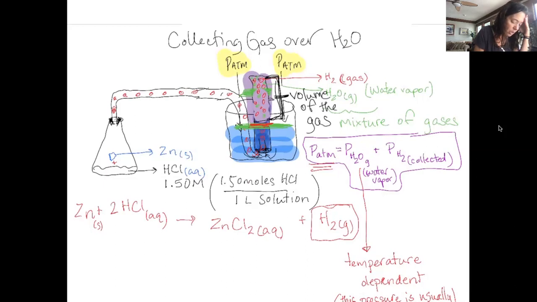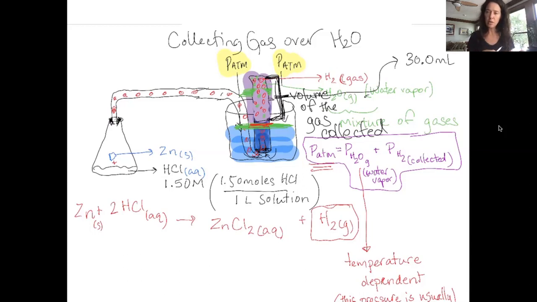Now, some students get confused. Both gases, the water vapor and the gas you're collecting, are sharing the same space. So if the volume here is, say, 30.0 milliliters, then the hydrogen gas that was collected has a volume of 30 milliliters, and the water vapor that's present there as well also has a volume of 30 milliliters.